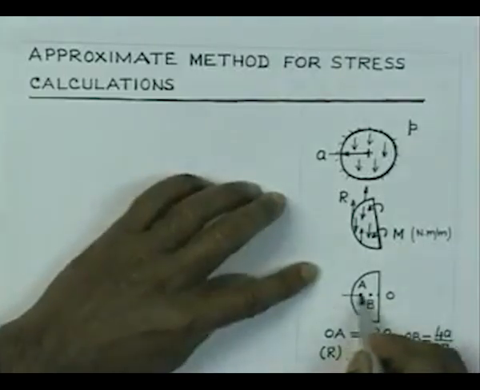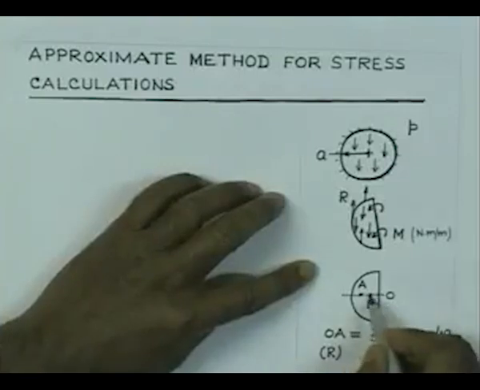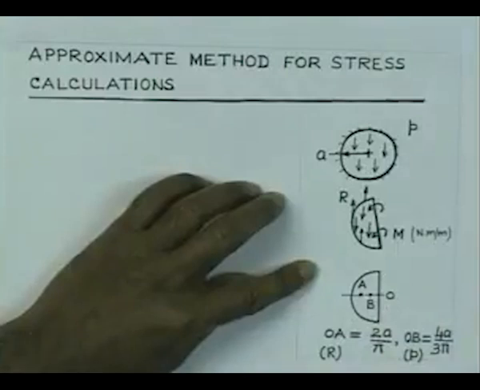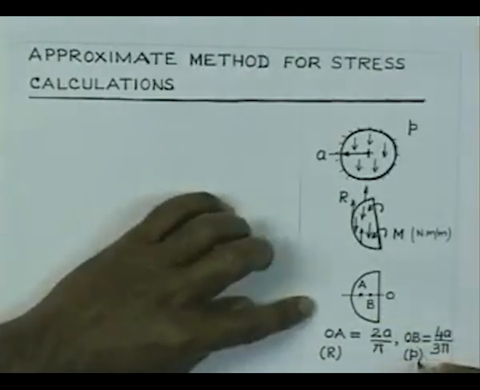If we consider that this is the other perpendicular direction, then this center of gravity of this pressure is going to lie at a point somewhere at B, and this OB distance can be easily calculated; it is going to be nothing but 4a by 3 pi, where a is the radius.